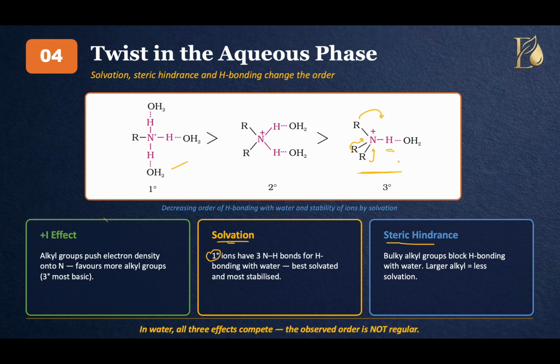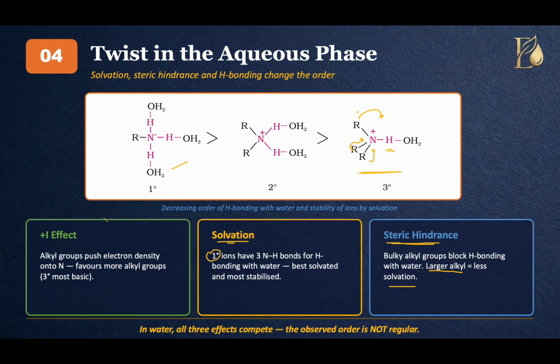This introduces another factor called steric hindrance. Due to the presence of the alkyl groups, we have to consider one more term, that is steric hindrance. Bulky alkyl groups block hydrogen bonding with water. So larger alkyl groups mean less solvation. Bulky alkyl groups around the nitrogen physically block water molecules from approaching the ion properly.